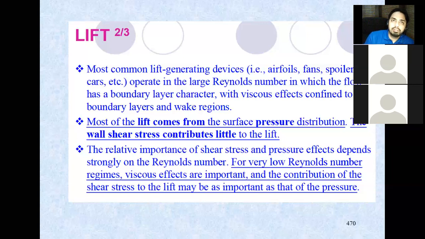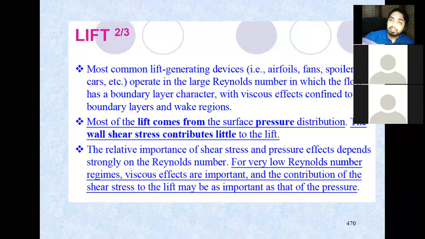We use that in the viscous method. When you have a low Reynolds number, you can use that principle to calculate the viscosity of the fluid itself, because the viscosity becomes important.